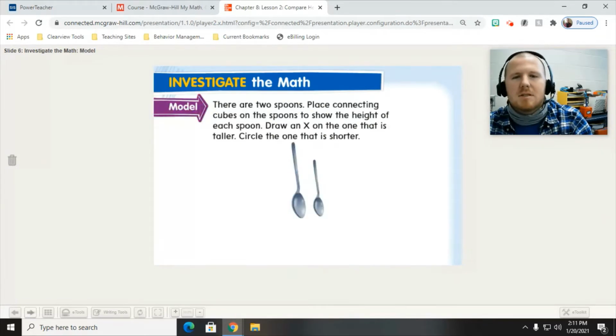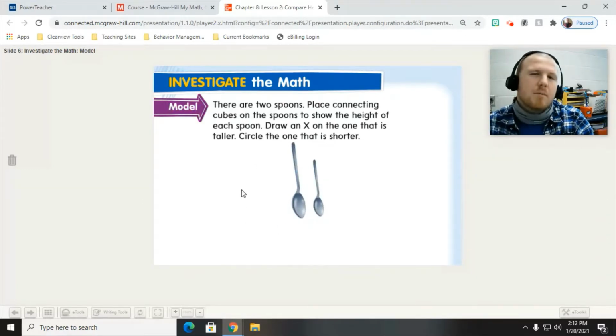Usually toothpicks aren't standing up. But anyway, there are 2 spoons. Place connecting cubes on the side. Now, if you don't have connecting cubes, as I talked about yesterday, you can find anything that you can use as a unit. Cheerios, Cheez-Its. I love Cheez-Its. Any of those things, you can use. So they want us to draw an X on the one that is taller, and they want us to circle the one that is shorter.